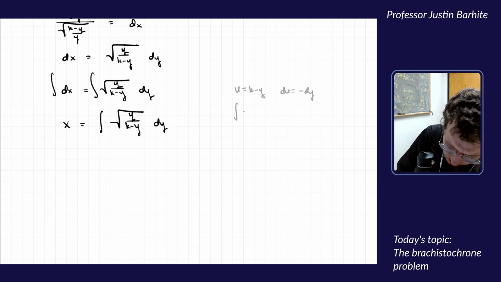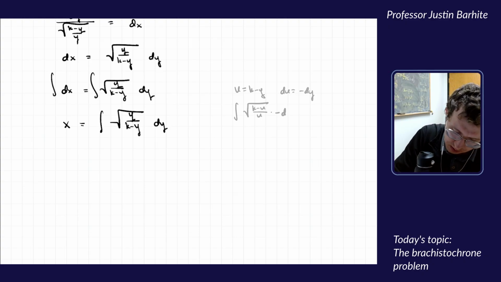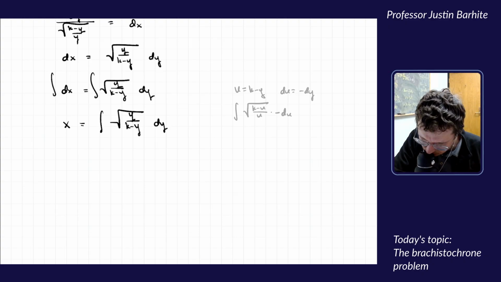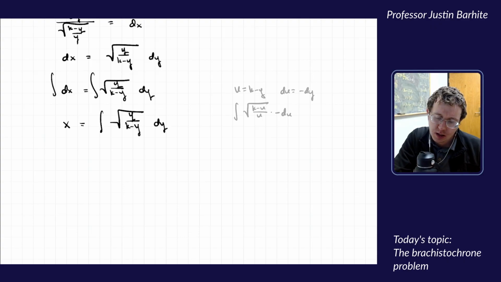So I'm going to get the square root of k minus u over u, times minus du. Which is just not much better, because I still am going to have a k over u inside the square root.